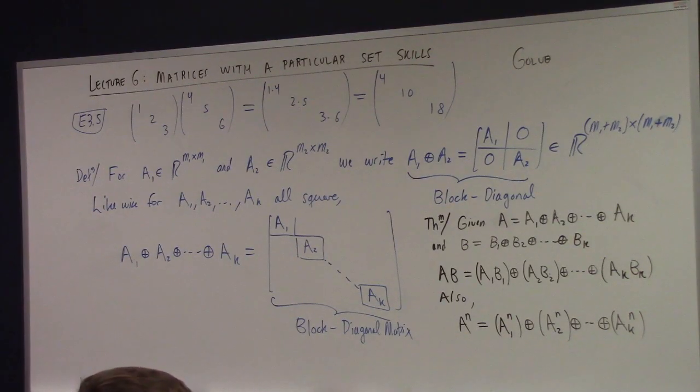What's N3 cubed, though? I can simplify these. This is of course just I2 direct sum E13. This one here is I2 direct sum the 3 by 3 zero matrix. I could call it O sub 3 if I want a notation for it.